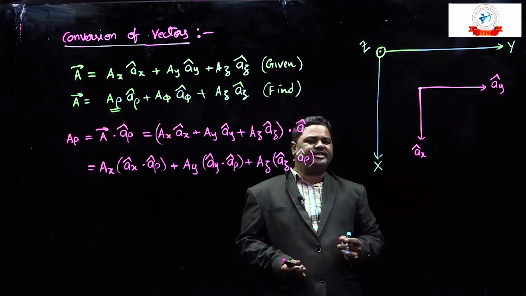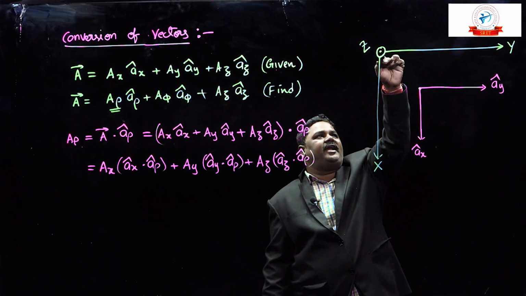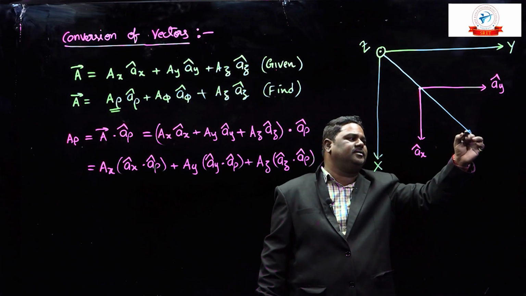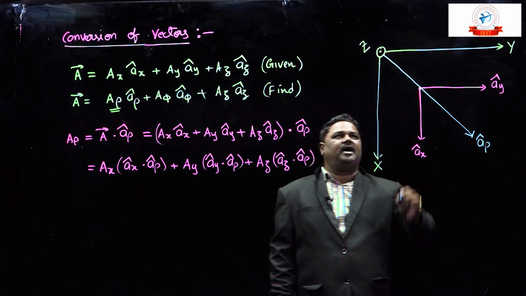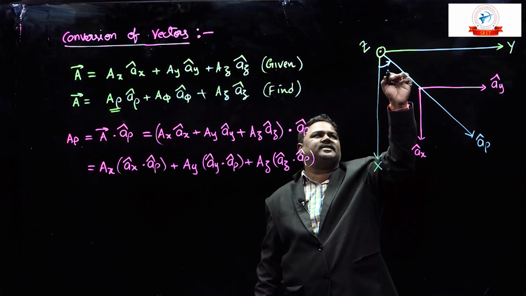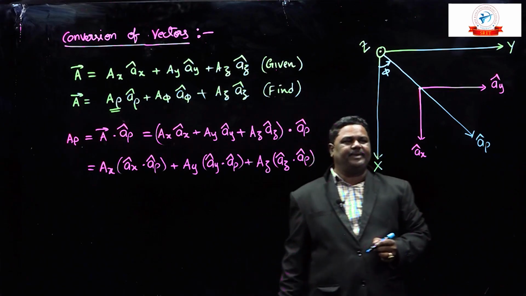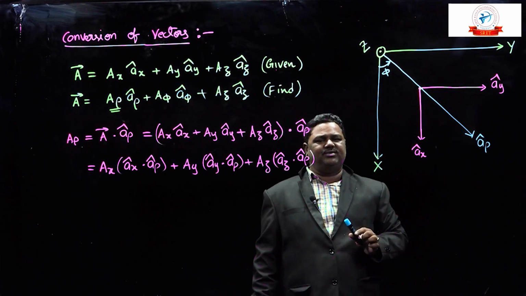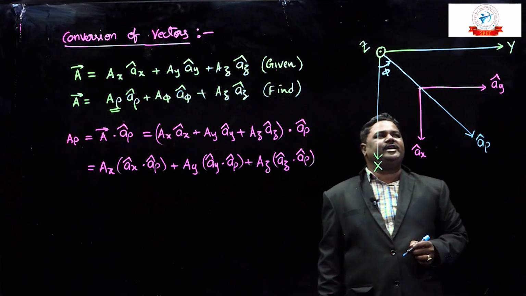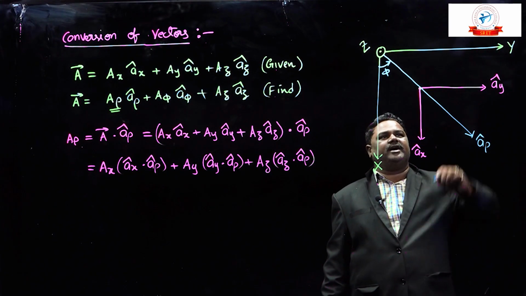Then what is a rho cap? Radially away from the z axis gives us a rho cap direction. And the angle made with the x axis is phi. Okay. So the phi value increases if you move away from the x axis and towards the y axis. So we need to draw a tangent for the increasing phi curve.